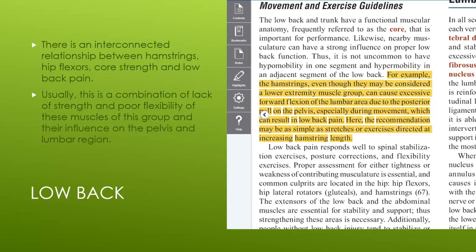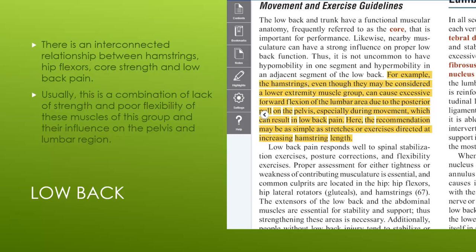But the book points out that the hamstrings, even though they may be considered a lower extremity muscle group, can cause excessive forward flexion in the lumbar area due to the posterior pull on the pelvis. So they tug on that pelvis at the ischial tuberosity. This is especially during different types of movement patterns, some more than others, but this can result in low back pain.